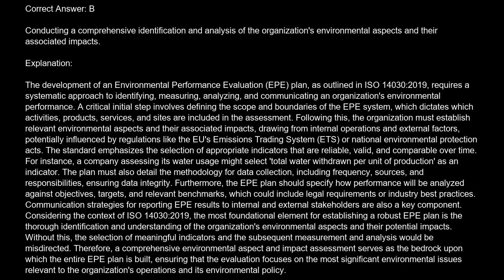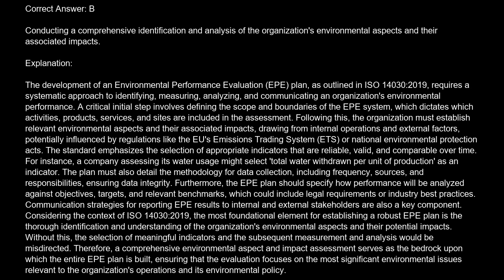Furthermore, the EPE plan should specify how performance will be analyzed against objectives, targets, and relevant benchmarks, which could include legal requirements or industry best practices. Communication strategies for reporting EPE results to internal and external stakeholders are also a key component. Considering the context of ISO 14030, 2019, the most foundational element for establishing a robust EPE plan is the thorough identification and understanding of the organization's environmental aspects and their potential impacts.